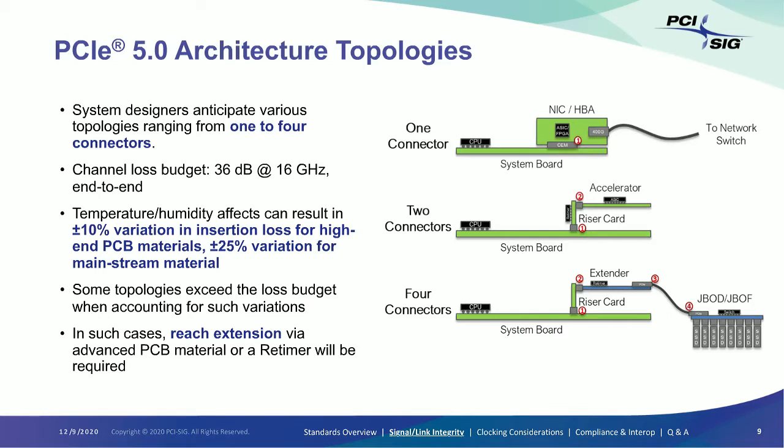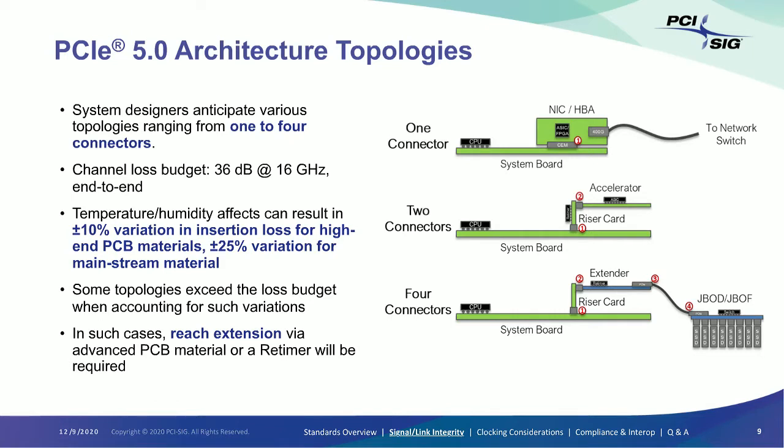And as every system designer is well aware, the passive components in your channel, PCB, connector, cables, the loss of those components will vary over temperature and humidity effects. And so those variations in loss need to be taken into account when designing the topology and determining whether that topology will meet the 36 dB loss requirement over all conditions, over worst case conditions.